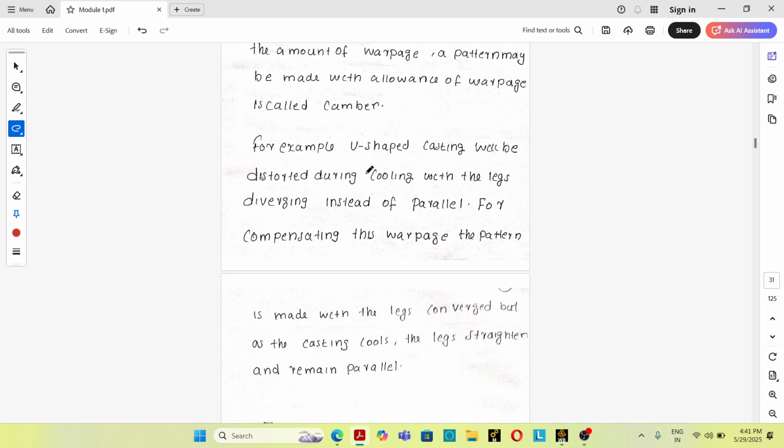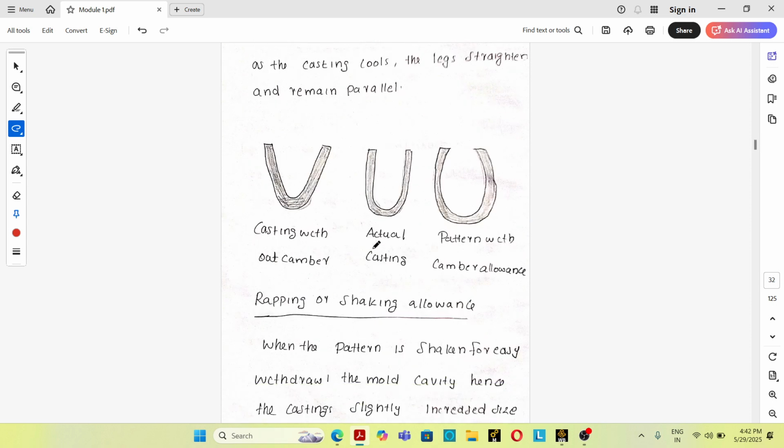See, for example, we have a U-shaped casting. This is the actual casting, a U-shaped casting which has two legs. After solidification, there is a chance that if we do not provide the camber allowance, these two legs will not be exactly vertical.